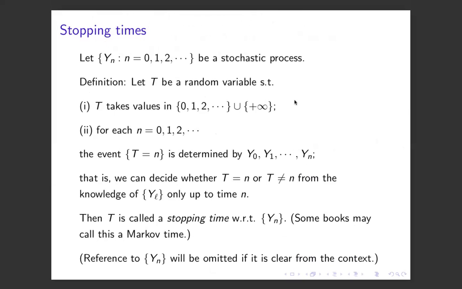Of course, sometimes it is also called a Markov time. It is not any random time. It should satisfy the second property crucially. As per our convention, any reference to Yn would be omitted if it is clear from the context.